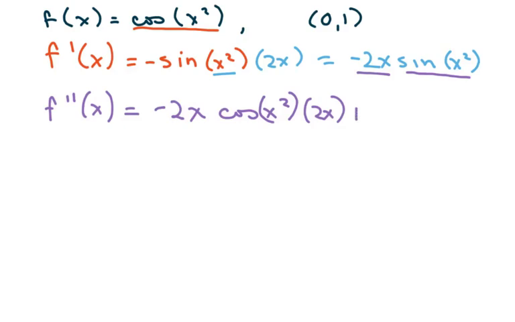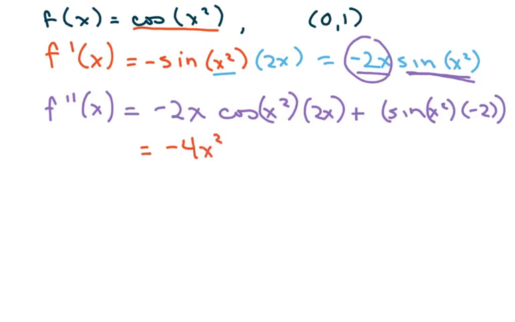And then we add the second part, so derivative of sine x squared is, well, first we just write down sine of x squared, then take the derivative of that, which is negative 2. Now let's clean this up. We're going to get a negative 4x squared cosine of x squared minus 2 sine of x squared.